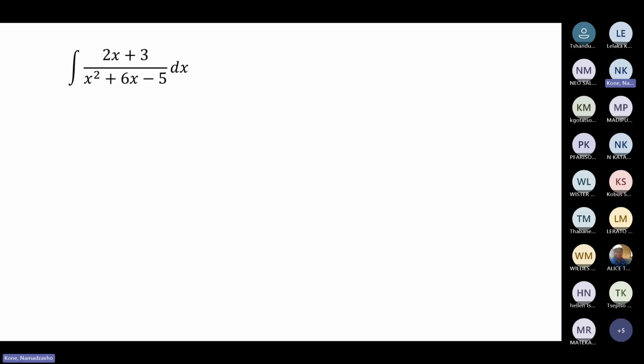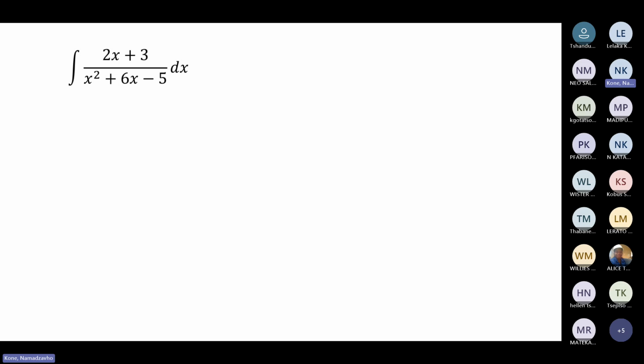So it means that there is something we can do to the numerator, without putting in an x which was not there, to create a derivative of what is at the bottom. So that is the hint that I will give you.